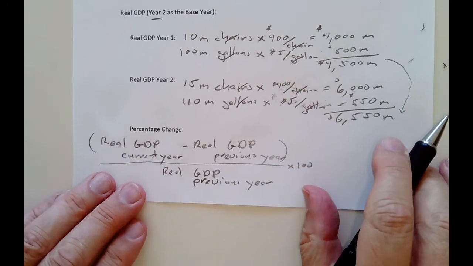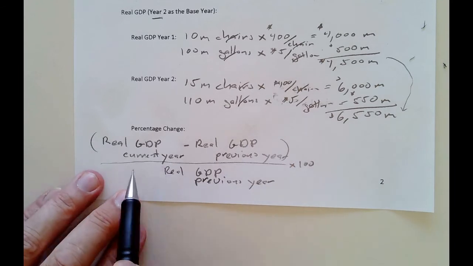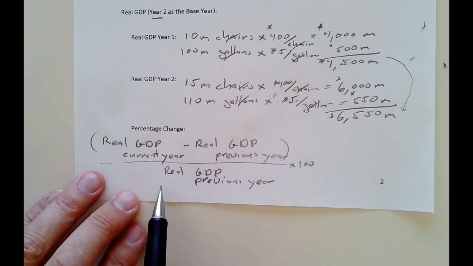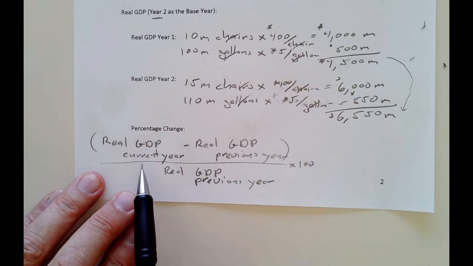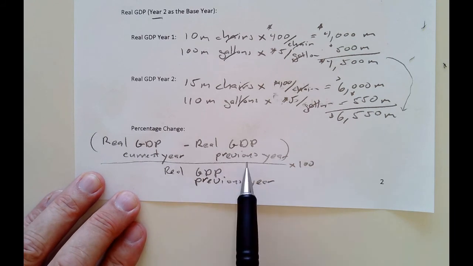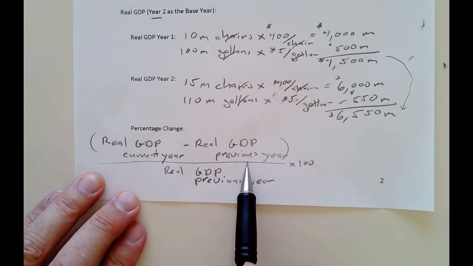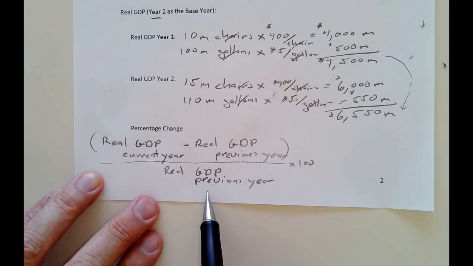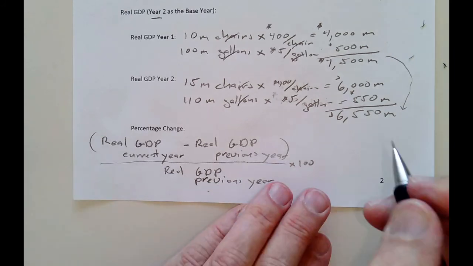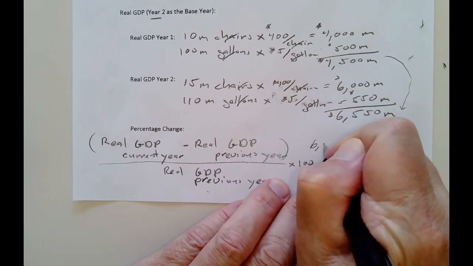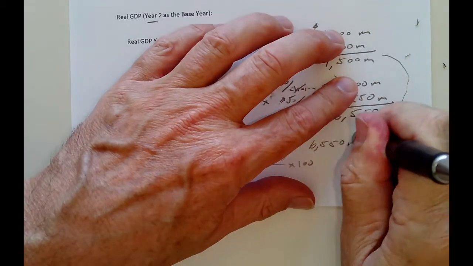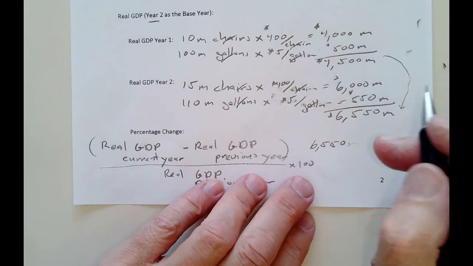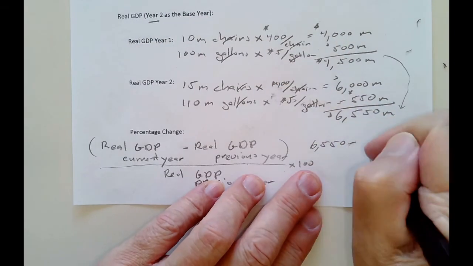So down here is our simple equation for percent change in real GDP. You take the current year, the year you're going toward, in this case it's year 2, subtract from that the real GDP from the previous year, which is year 1 in this case, and then divide by the previous year, which is year 1. So we take the 6,550 million, well the millions are going to cancel out, so just leave it at 6,550 minus 4,500.